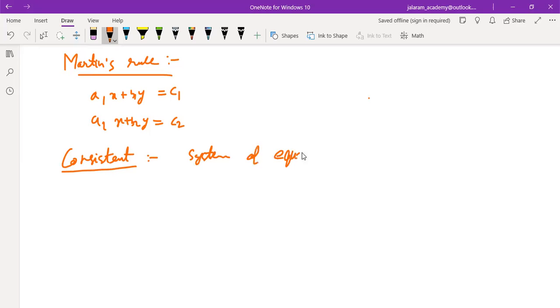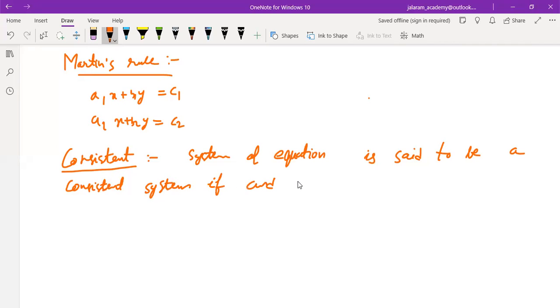A system of equations is said to be a consistent system if and only if at least one solution exists.